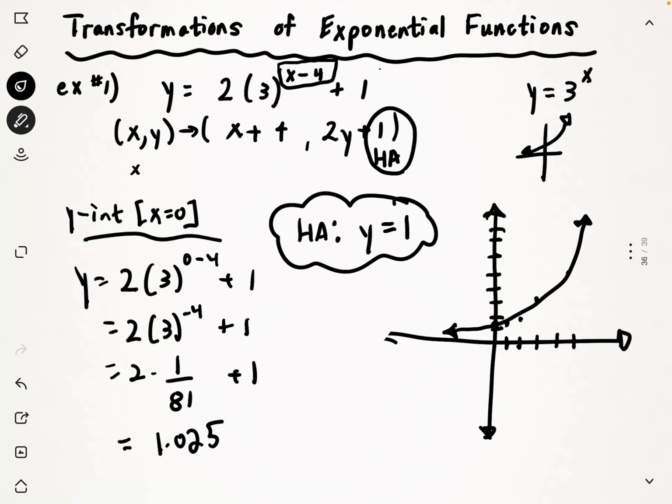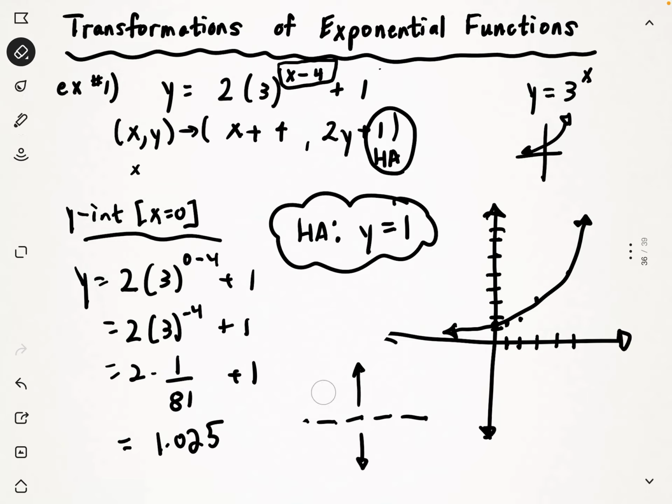And you might say to yourself, why is a vertical translation a horizontal asymptote? Well, even though you have a horizontal line, you're shifting it up or down. So you're translating this horizontal line vertically. It was originally at 0, so if you shifted your graph up 1, then the asymptote shifts along with it.